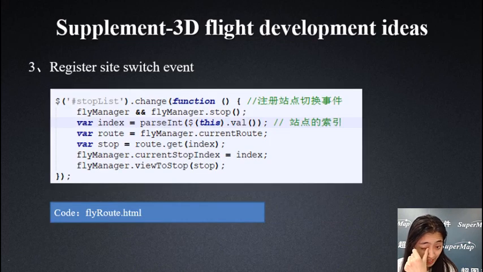Okay, and then there is a switching event of the stop. In there, we use the jQuery selector, and first it judges whether the fly route exists, and the stop index is obtained through the flight manager current route.